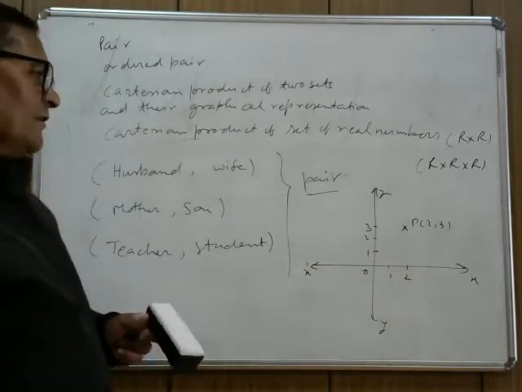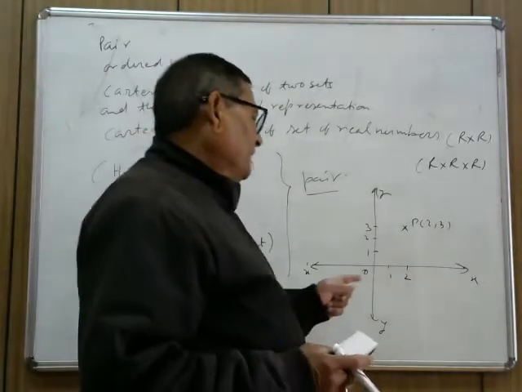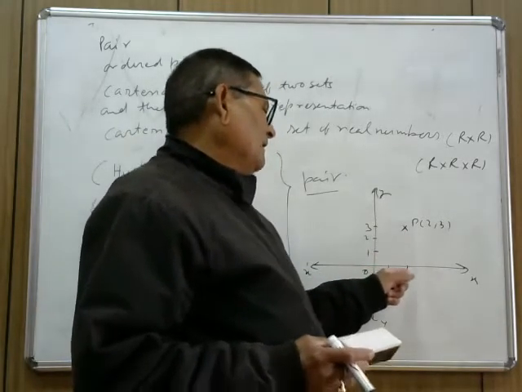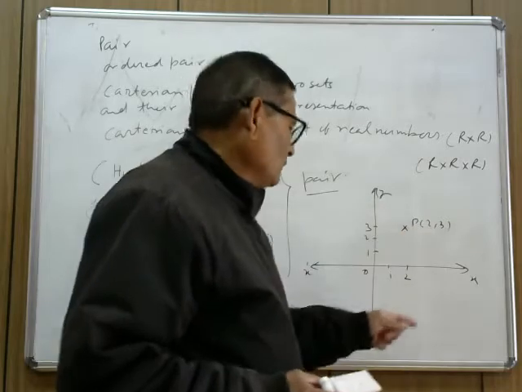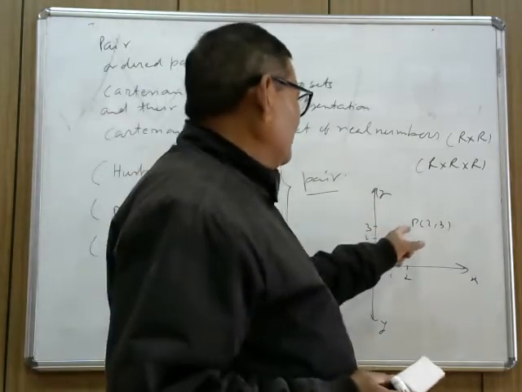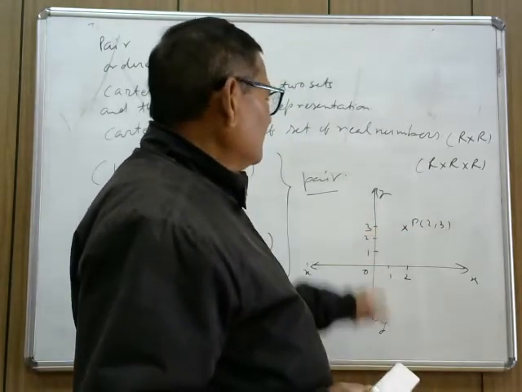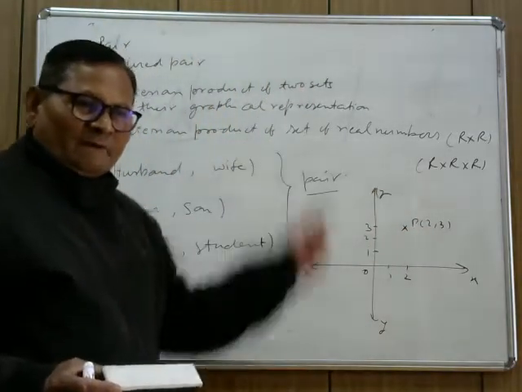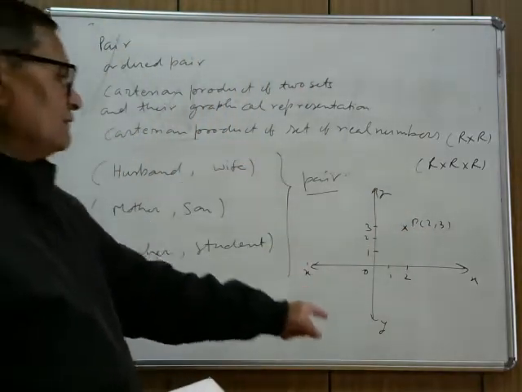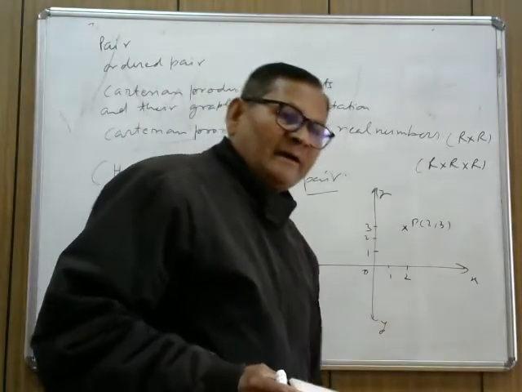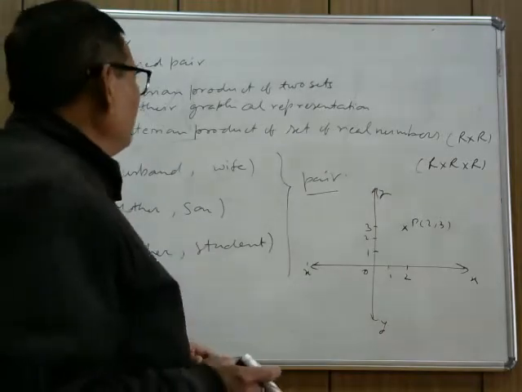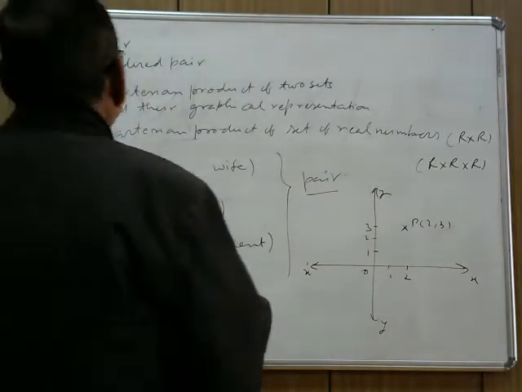First you write the measurement of this point along the x-axis, that is 2, then the measurement along the y-axis, that is 3. That's why this is a pair as well as an ordered pair. So now we reach the definition of an ordered pair.